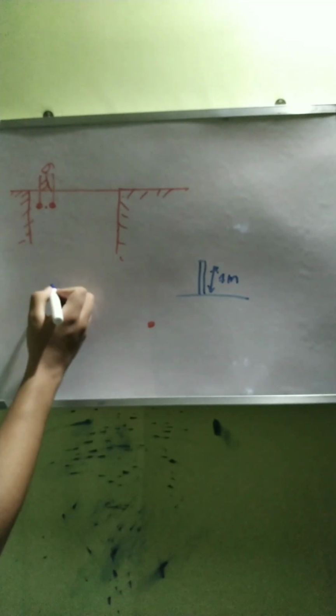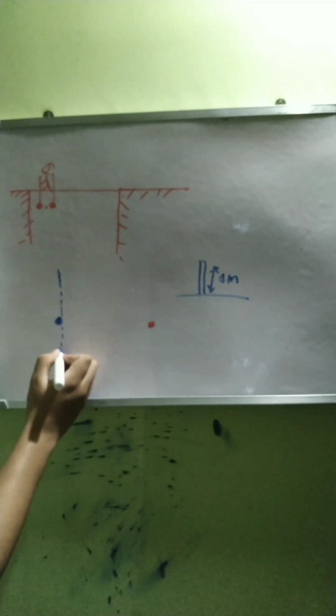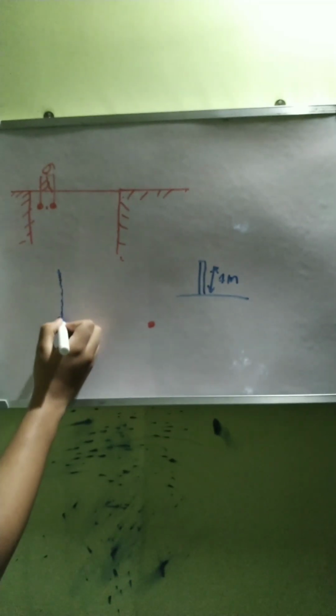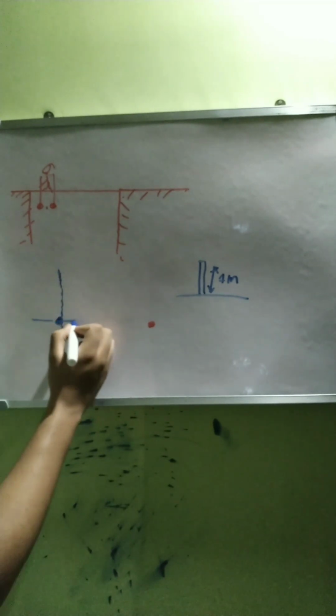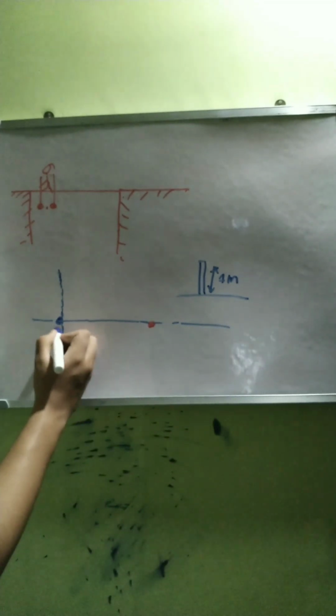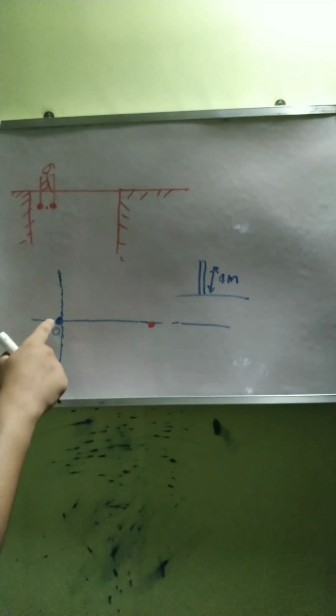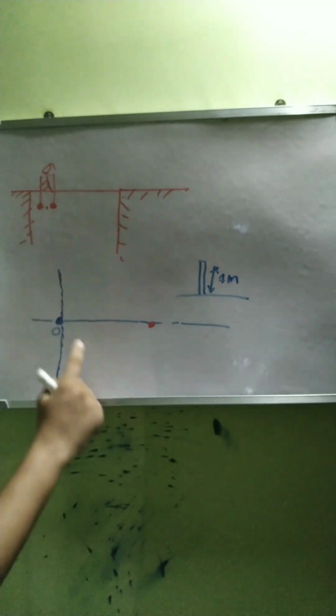Now considering this as the origin, I am taking this in a graph. Considering this as the origin, this is 0. That means the center of mass of the man is present at 0. This is the x-axis, this is the y-axis.